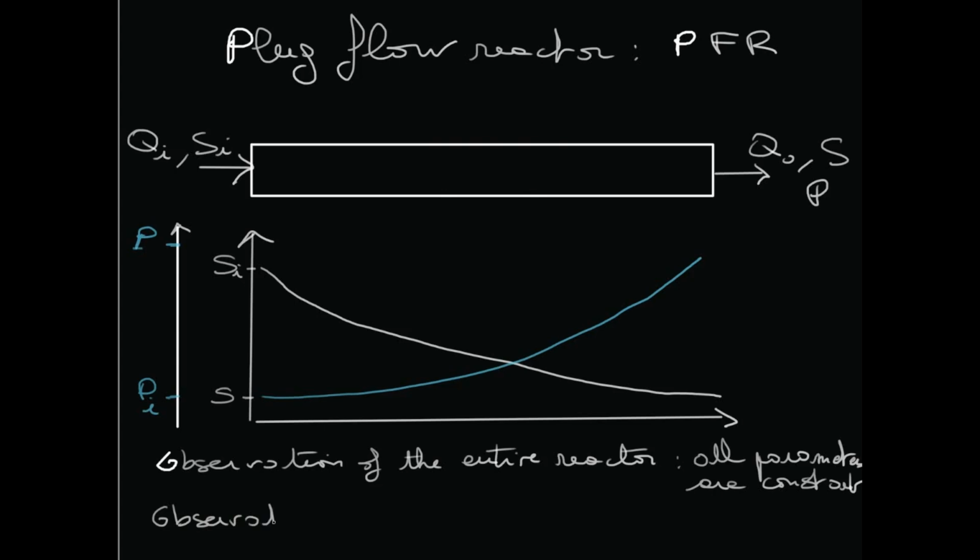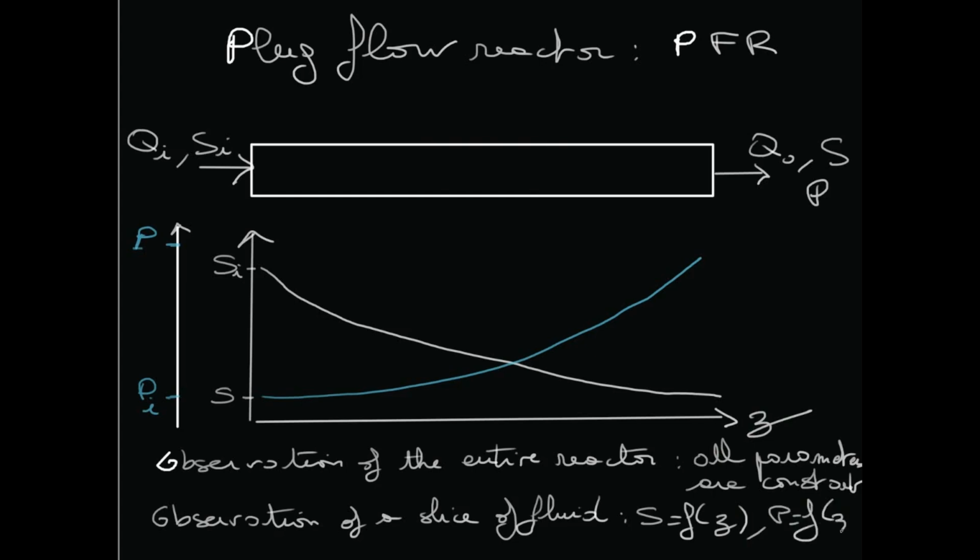But now, if we make an observation of a slice of fluid, we will consider that the substrate and the product are functions of Z, and we will call Z the distance inside of the tubular reactor. So S and P are functions of Z.